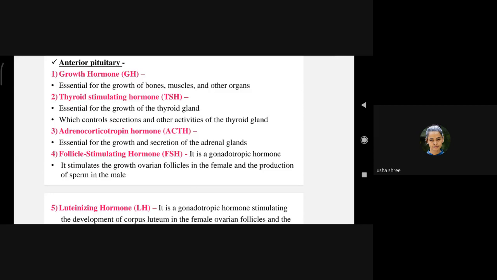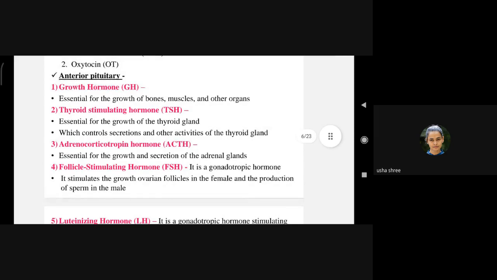Like that only, hypothalamus is producing thyroid stimulating releasing hormone, and this hormone is coming to pituitary. Pituitary is producing thyroid stimulating hormone, and then thyroid stimulating hormone is going to thyroid gland. Then thyroid gland is producing T3 and T4.